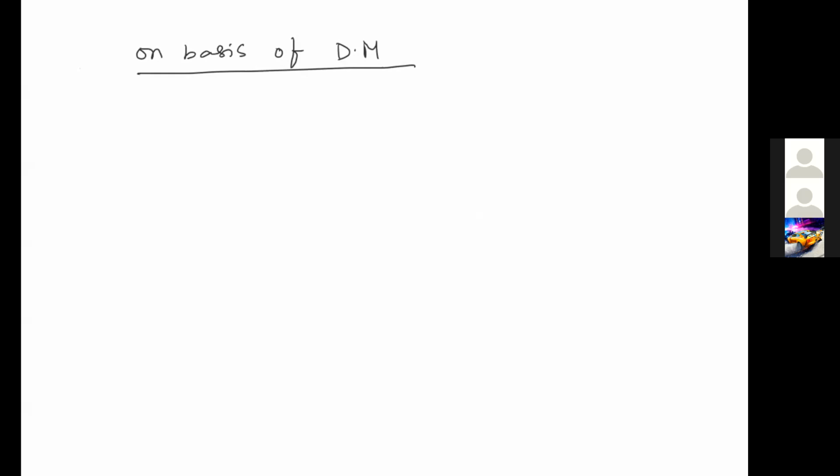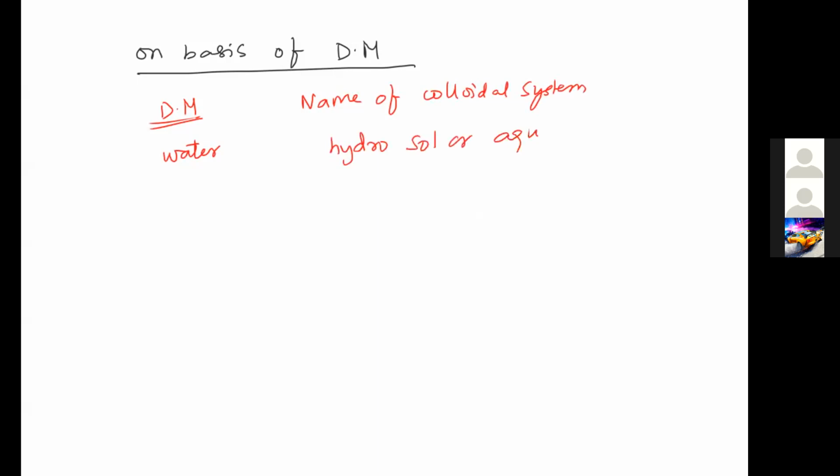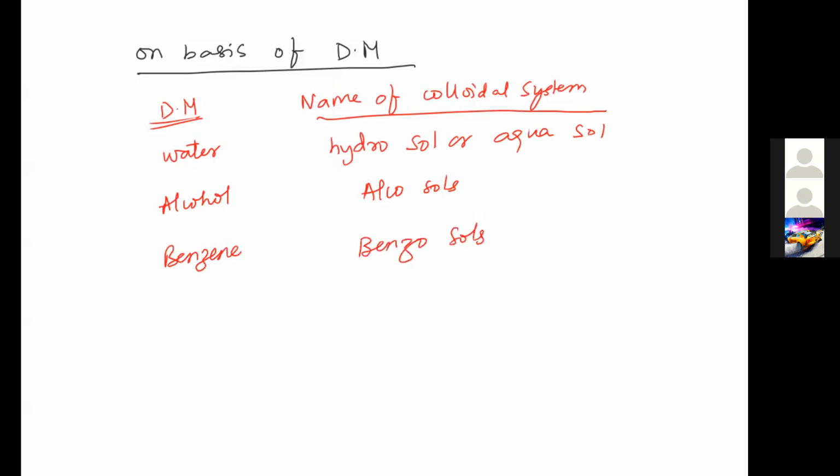First, if the dispersed medium is water, then the name of the colloidal system is going to be hydrosol or aquasol. Sol is nothing but a short form of solution. Alcohol is alcosols. Benzene, benzosols. Air, aerosols.